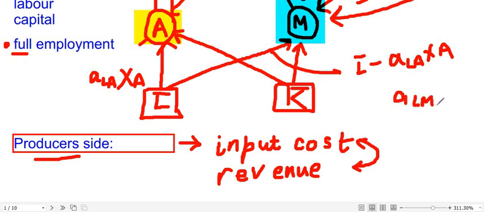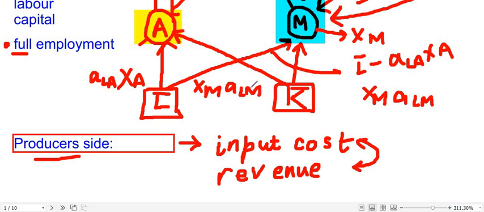ALM was the amount of labor required to produce 1 unit of manufacturing output. If the manufacturing sector produces a total of XM units, then for XM amount of manufacturing output, XM into ALM amount of labor will be employed. The direction doesn't matter. So another part of the labor is ALM XM.